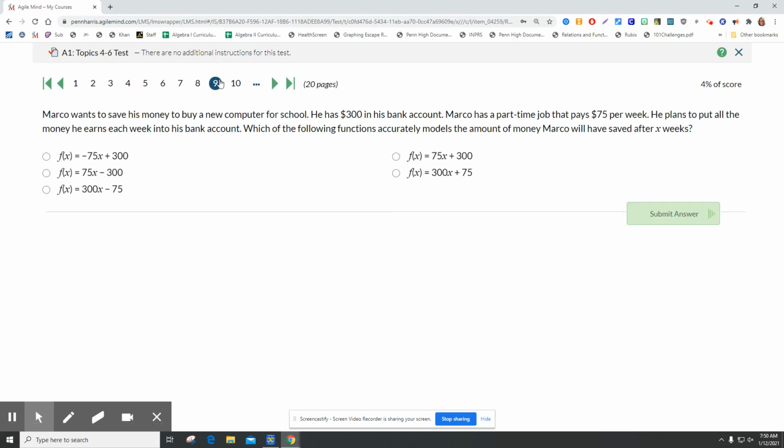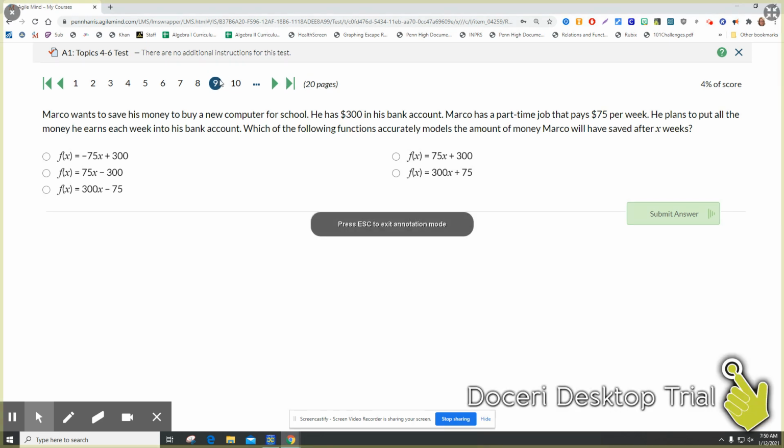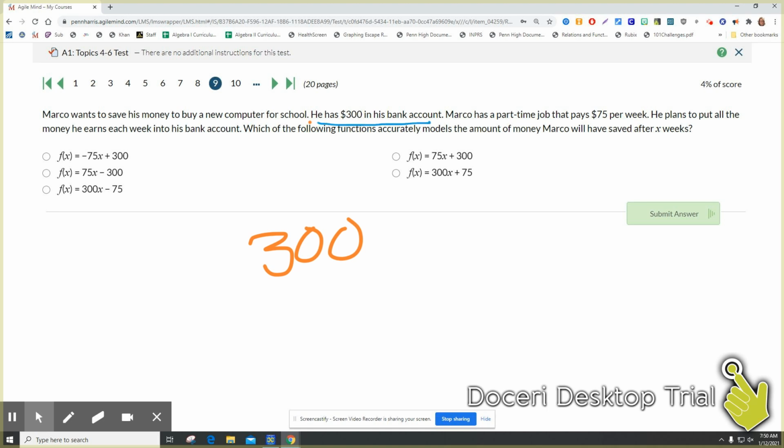On number 9, Marco wants to save his money to buy a new computer for school. He has $300 in his bank account. So guys, right away, that's our starting point. He has $300. Marco has a part-time job that pays $75 per week. How I write that is $75 per week, so times weeks.